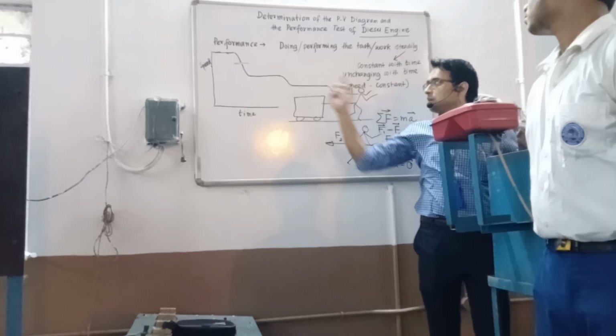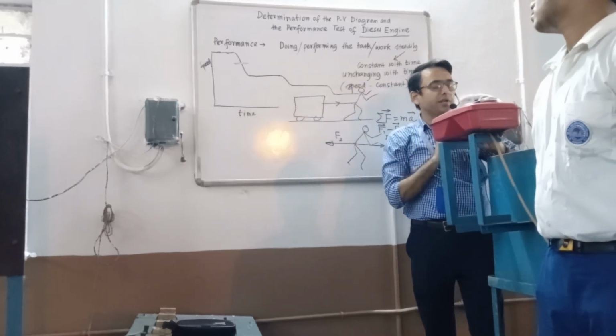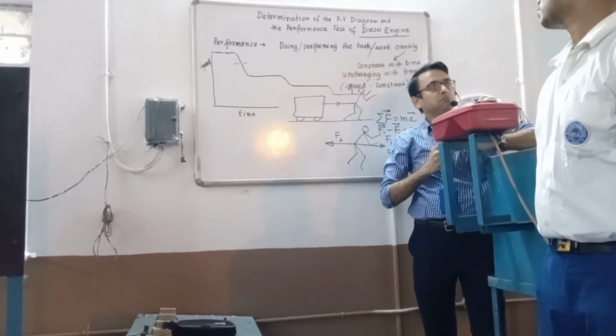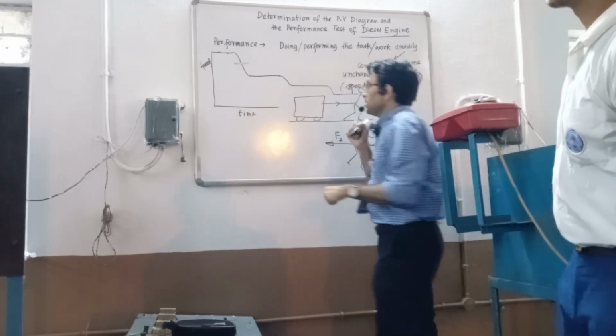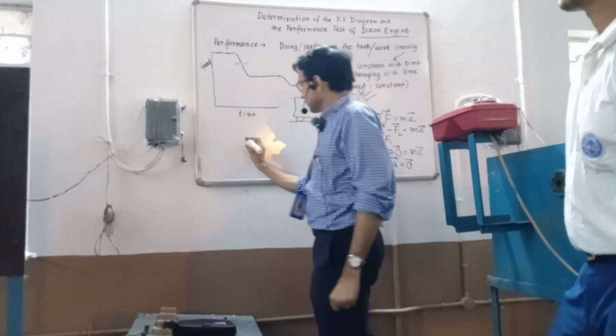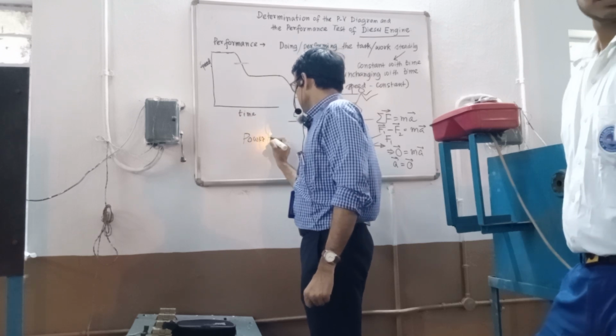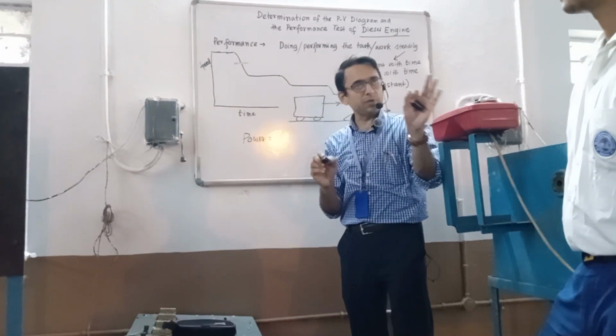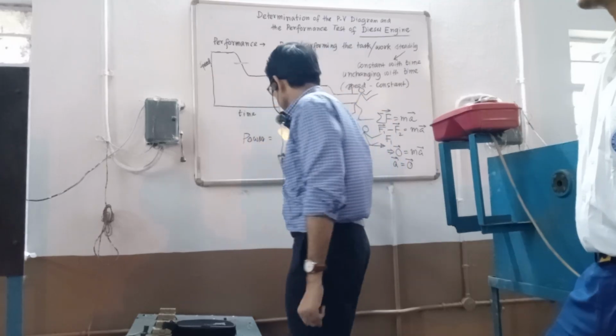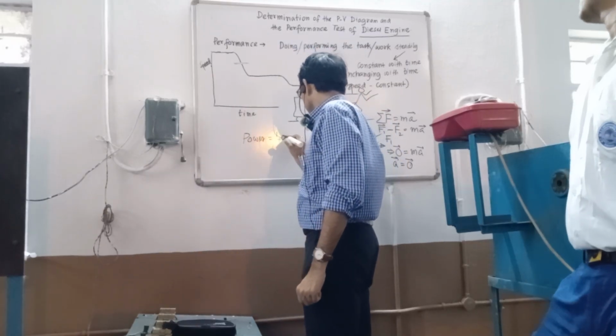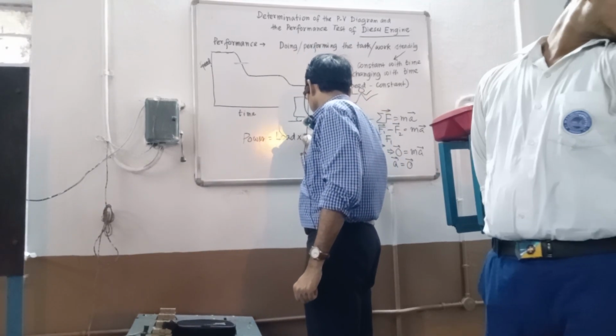Okay, and load multiplied by speed, we will basically get the power. So power means basically force multiplied by speed, or load multiplied by speed.